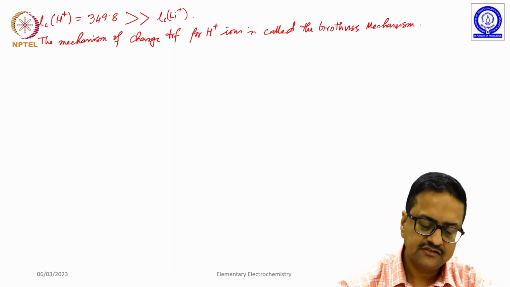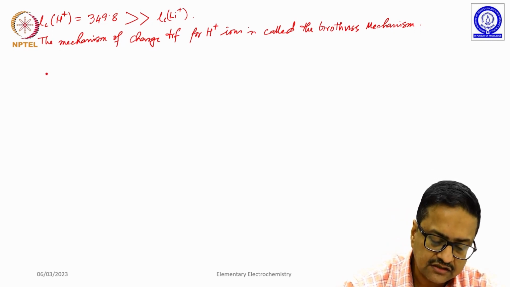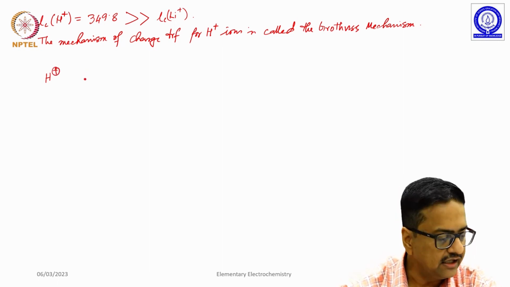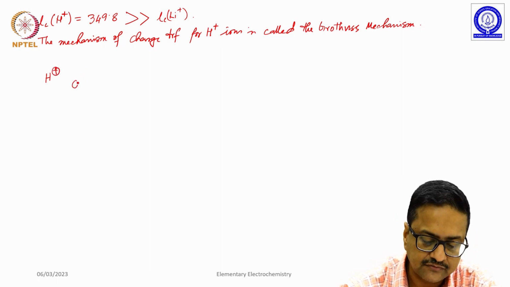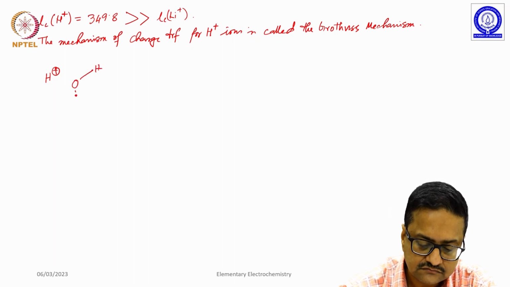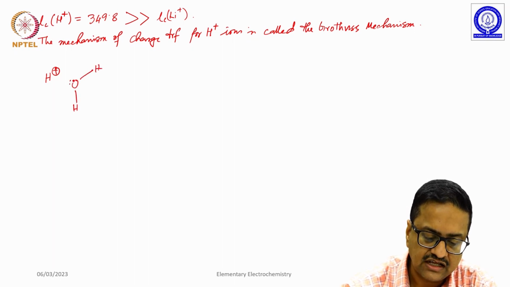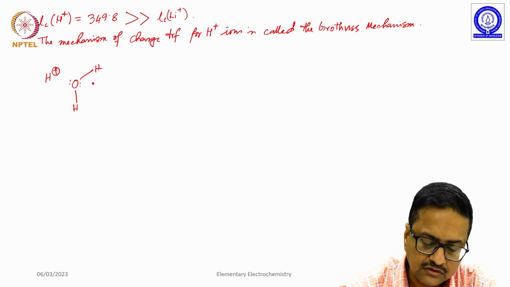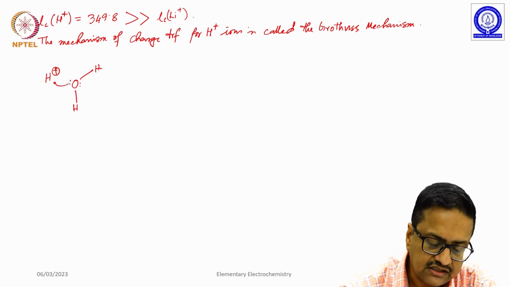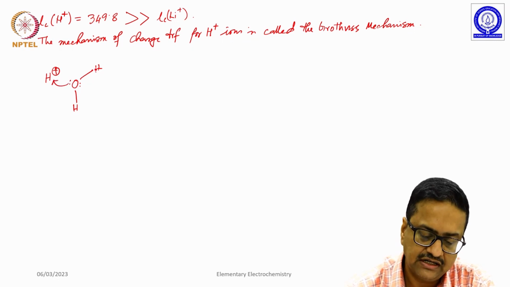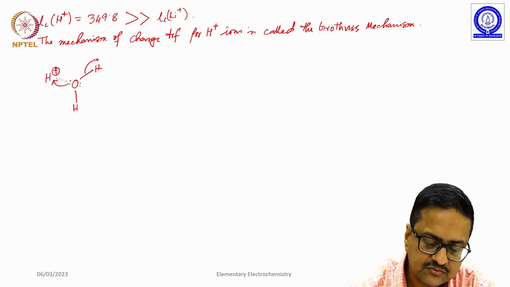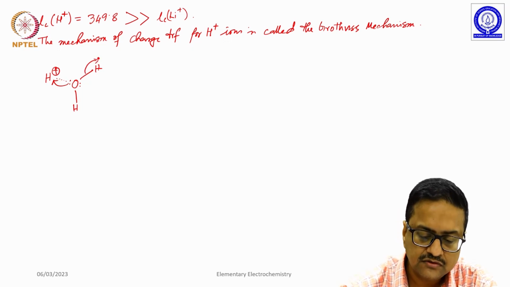So what is this mechanism? The advantage of the H+ ion in water is that it is in close proximity of water molecules, which have lone pairs of electrons. So this H+ can accept a lone pair of electrons and get bonded to this water molecule, and another H+ can be kicked out.